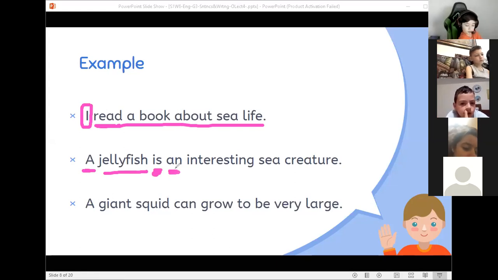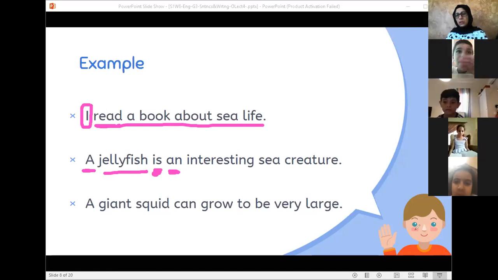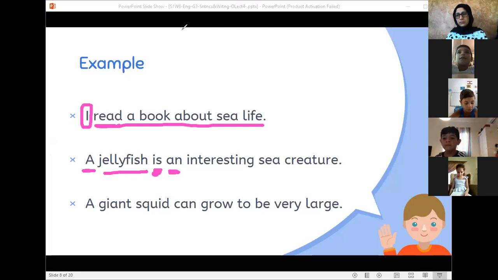Miss, what is it? Can't you see the sentence on the screen? Okay, she closed hers. Yalla Kamal, unmute yourself and read the sentence for us.